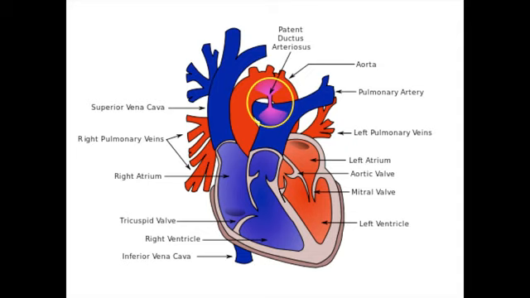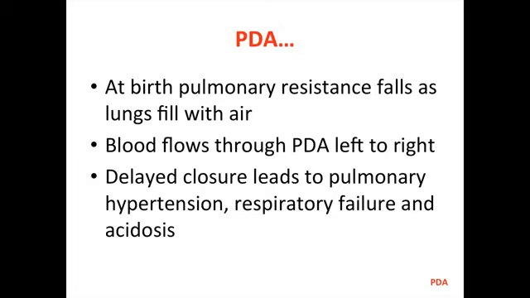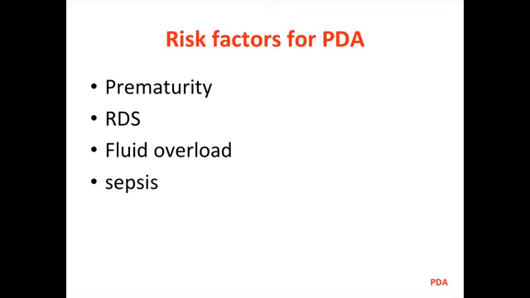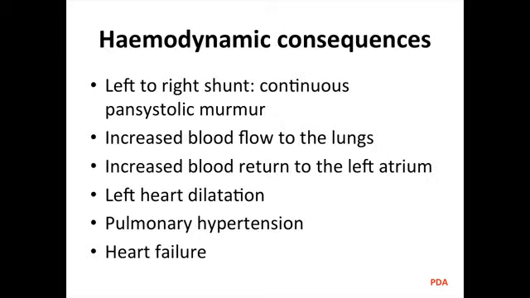Delayed closure leads to pulmonary hypertension, respiratory failure, and acidosis. Risk factors for patent ductus arteriosus include prematurity, respiratory distress syndrome, fluid overload, and sepsis. There are hemodynamic consequences of having a PDA.